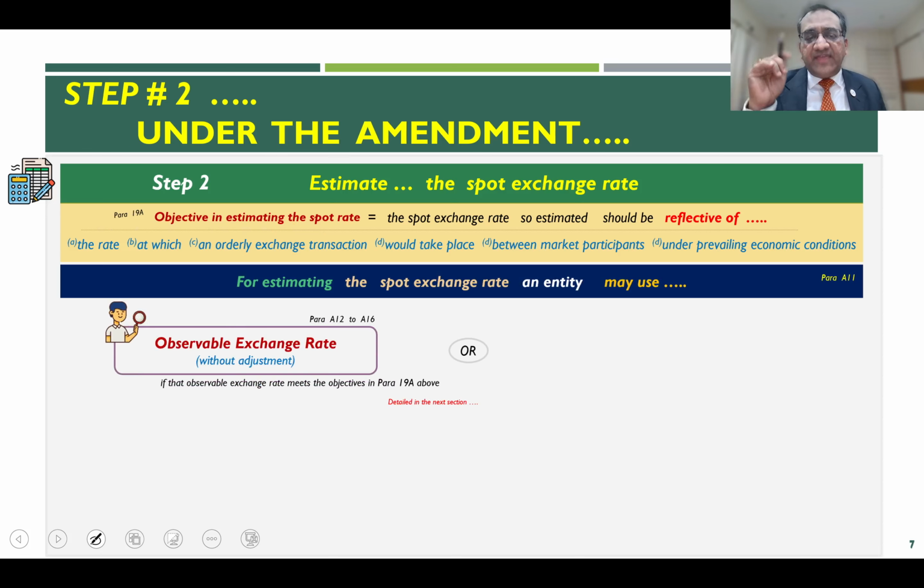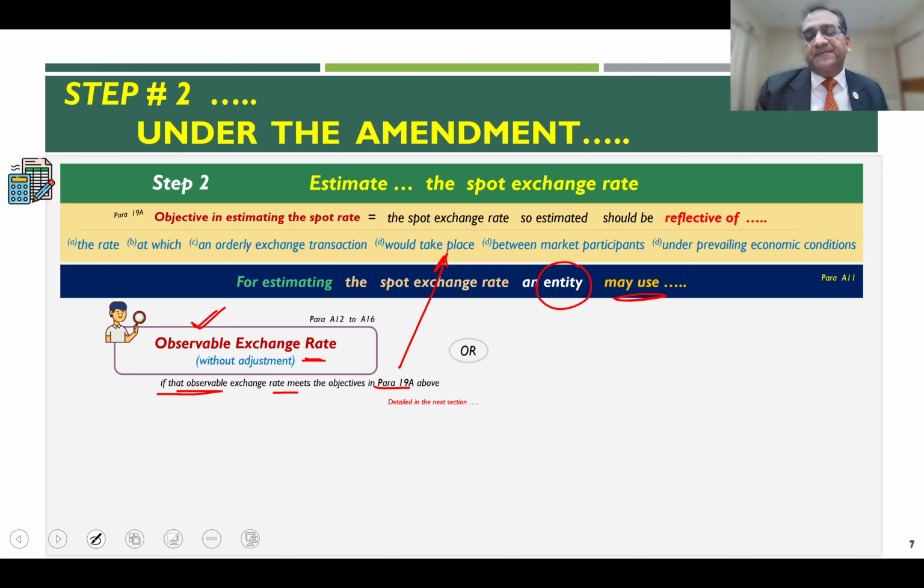Now, the standard also gives you that when you are estimating such a spot exchange rate, an entity may use, as I told you, two different methodologies. One, you use the observable exchange rate, but without any adjustment whatsoever if that observable exchange rate meets the objective of paragraph 19A.